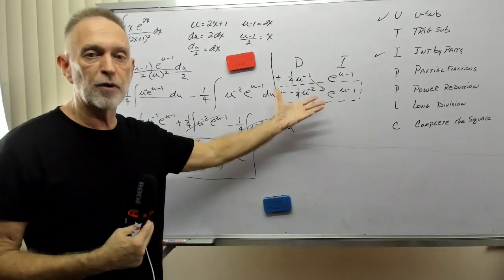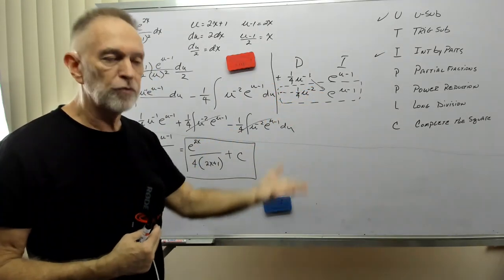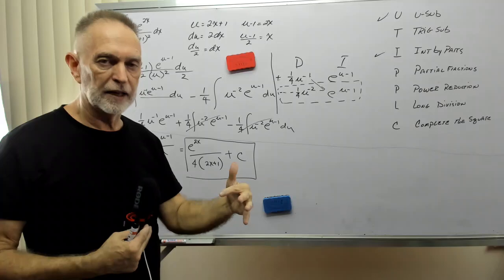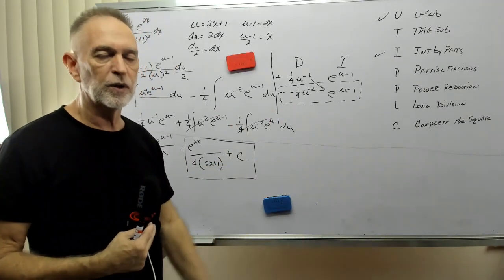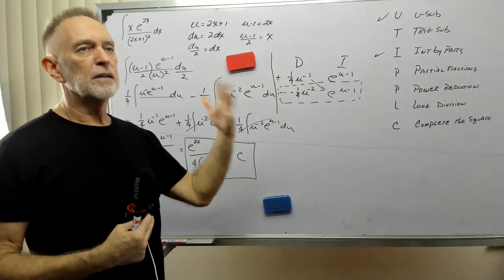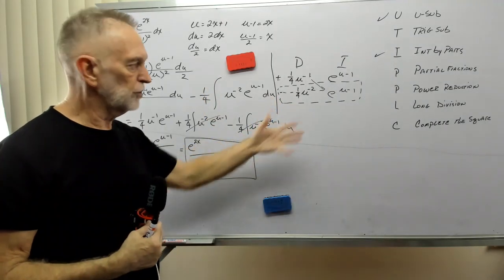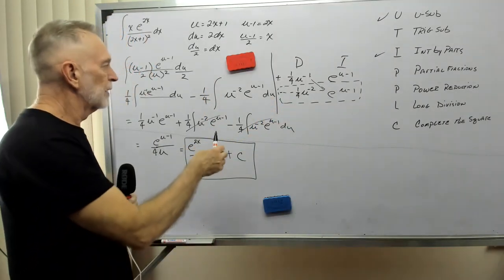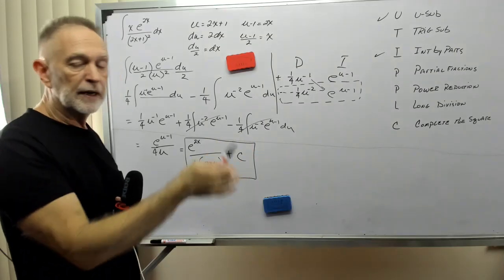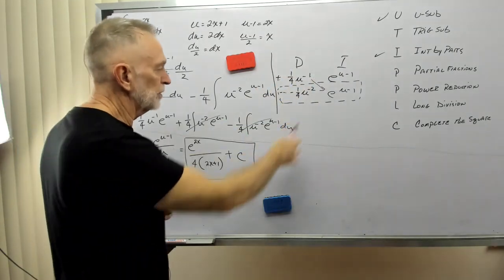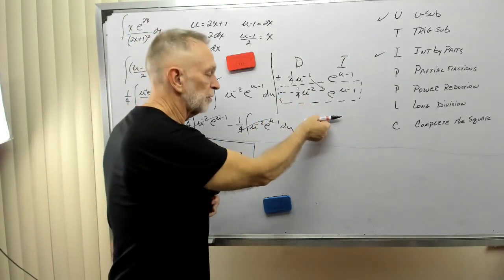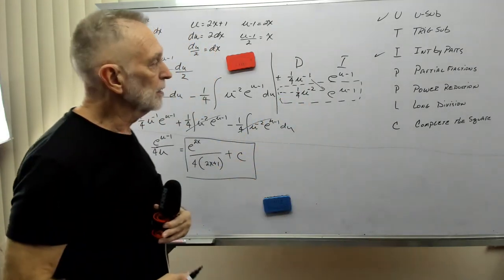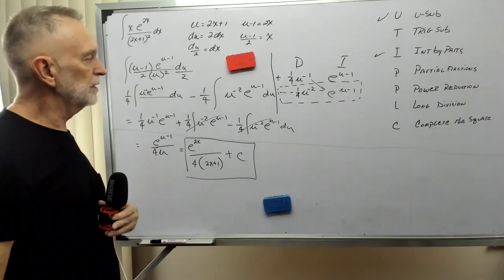It's just a tabular method allowing you to organize yourself versus the old integration by parts method we all were taught. This is so easy to use. It gives you the same answer, and it helps you keep up with your pluses and minuses throughout a very complex problem, especially if it repeats. The old method is crazy.